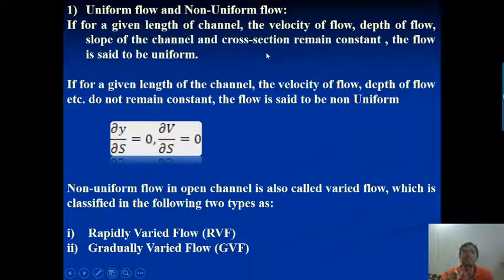So you can see that a canal is made by artificial structures, right? It is made by human beings. So the cross sections in a canal are constant, but you can never see that the cross sections in a river are constant, right? So this is the basic difference we observe between when uniform flow and non-uniform flow are formed. One more observation you might all have experienced is that in a canal structure the bed is uniform.